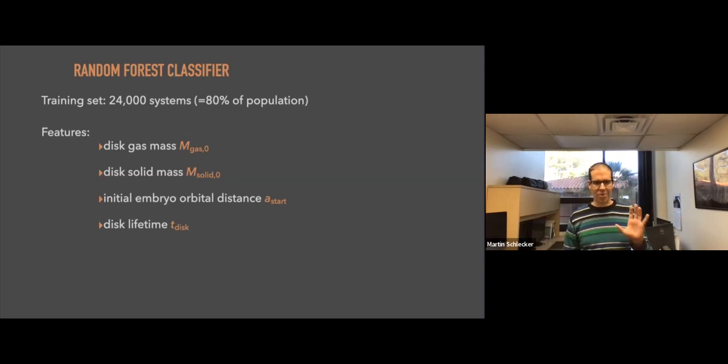But the only thing that you need to know is that it works as a classifier where we give it as input features the initial gas and solid disk mass, the initial orbital distance of the planetary embryo, and the lifetime of the disk. Which, if you're strict, is not an initial condition, but we thought it might be very important for the outcome, because the lifetime of the disk is really what sets the time window for planet formation to happen.